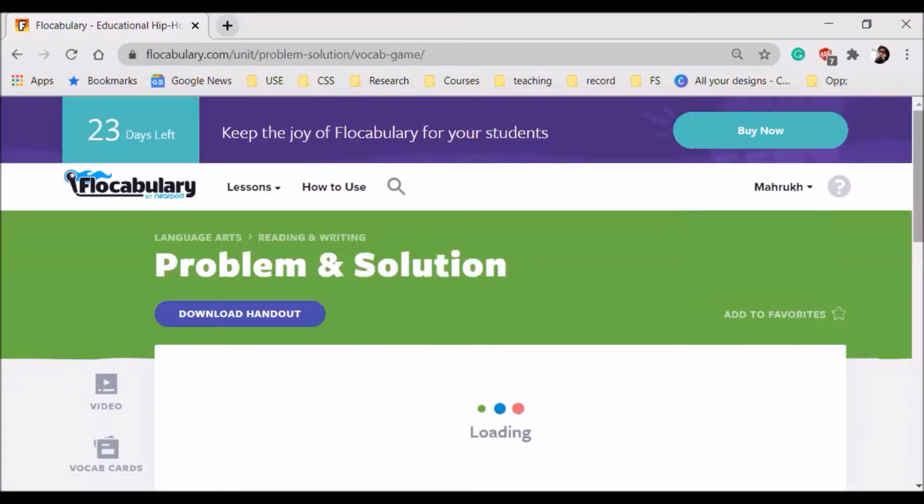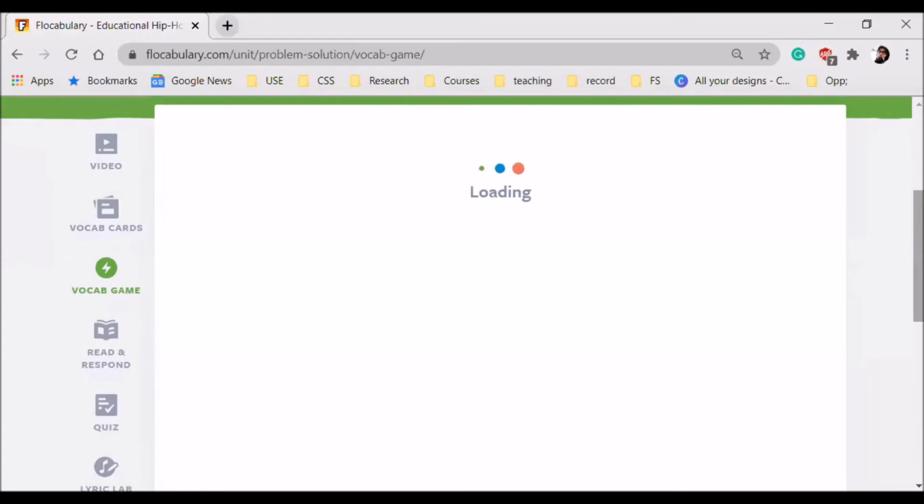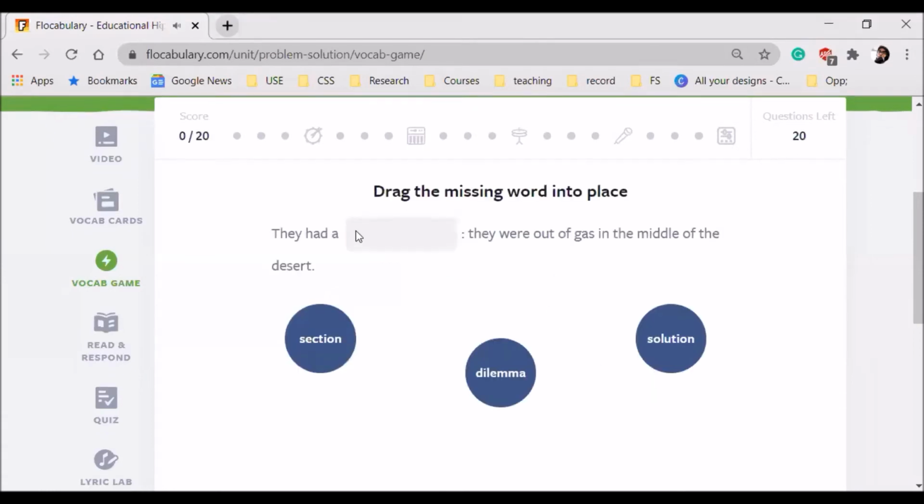Now we have a vocabulary game, and we have to see if we learned the use. Okay, are you guys ready? We have to quickly respond, and everyone has to respond. Okay, ma'am. Ready? Yes, ma'am. Okay.